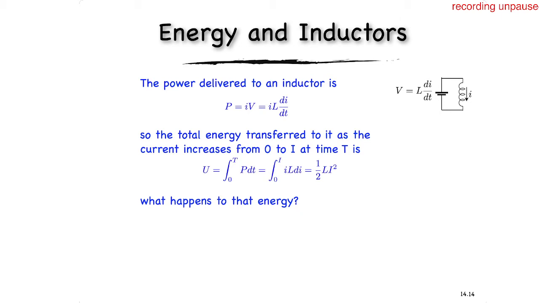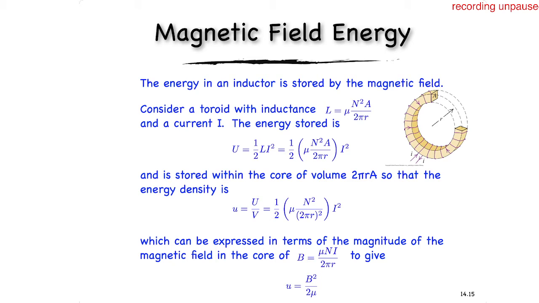So the total energy stored in the magnetic field of the inductor is one half L I squared. And I asked what happens to that energy, but I already said it gets stored in the magnetic field. It takes energy to build up the magnetic field. Okay, so magnetic fields have energy associated with them.